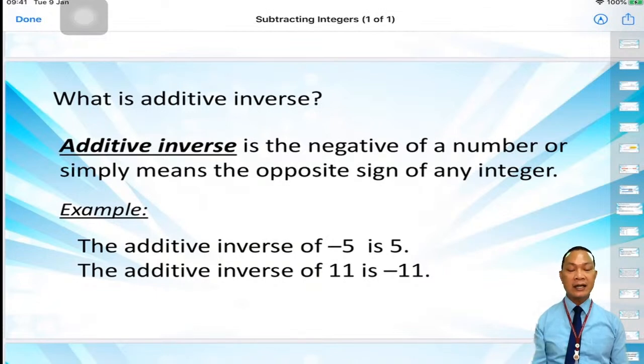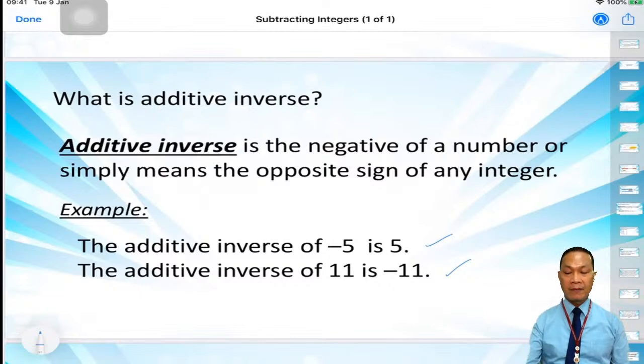Additive inverse is the negative of a number, or simply means the opposite sign of any integer. So for example, the additive inverse of negative 5 is 5 or positive 5. The additive inverse of 11 or positive 11 is negative 11. So again, additive inverse is only the opposite sign or symbol of any integer.